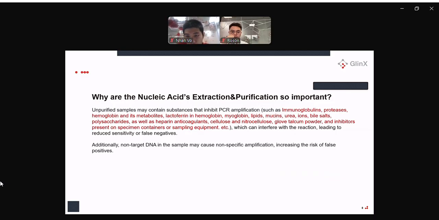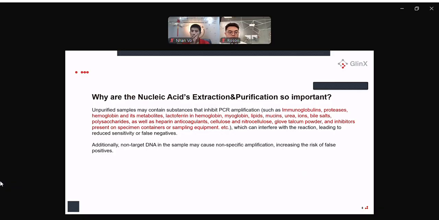That is because sacrificing the nucleic acids extraction and purification process can shorten the detection time and reduce the cost. Based on our experience in the market, we saw a lot of competitive products. They sacrificed the process of nucleic acids extraction and purification. But based on the doctors' feedback, they always say that this kind of machine is not accurate.